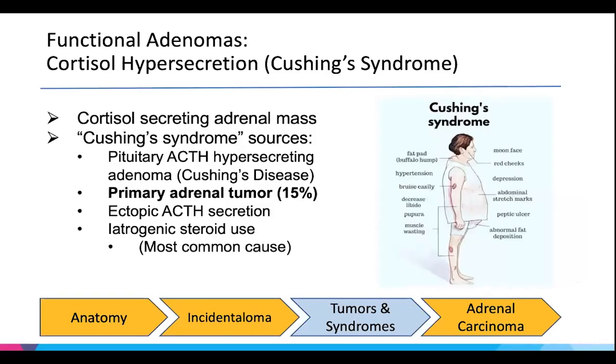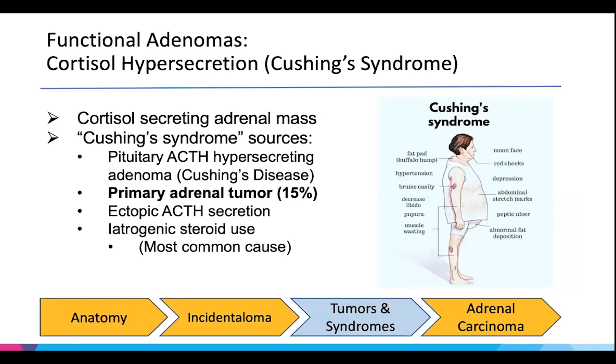So the first functional adenoma we'll talk about is cortisol hypersecretion, also known as Cushing's syndrome. In terms of the adrenal gland, this comes from a cortisol-secreting adrenal mass. Other Cushing's syndrome sources could be a pituitary ACTH hypersecreting adenoma, which is what you would refer to as classic Cushing's disease.